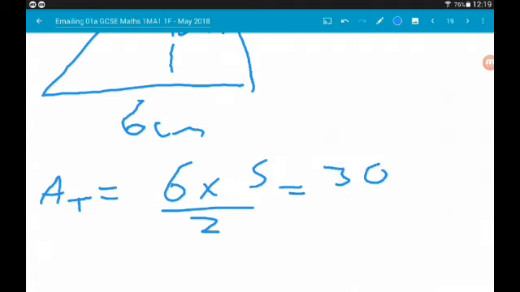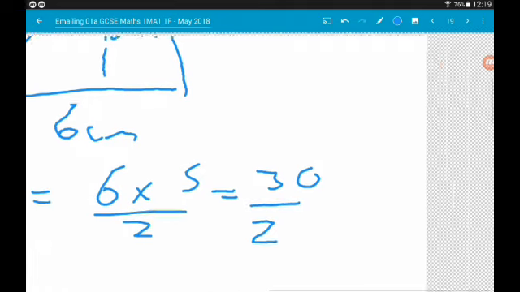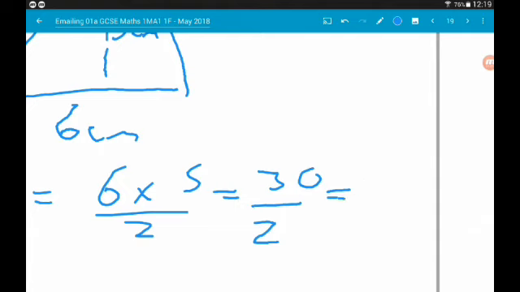Which is 30 divided by 2, which is 15 centimeters squared.